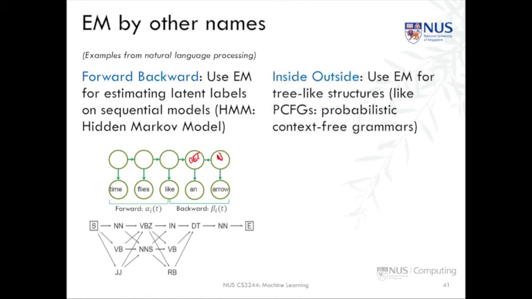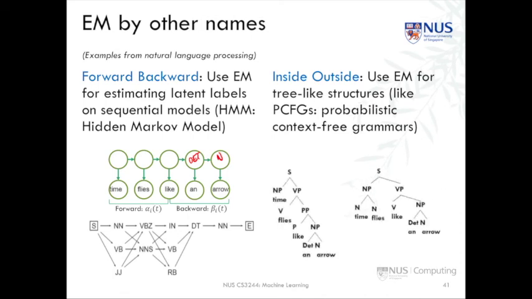A second use of EM in natural language processing goes by the name of inside-out. It uses expectation maximization for tree-like structures like probabilistic context-free grammars. For example, for the same sentence, we would like to decide what type of structure or parse is plausible, given the part-of-speech labels that we had on the left-hand side.